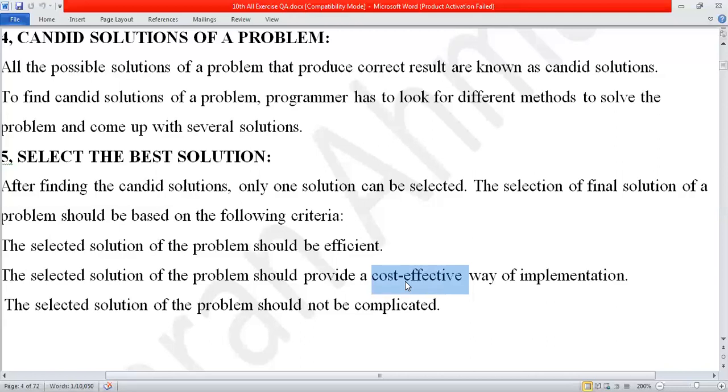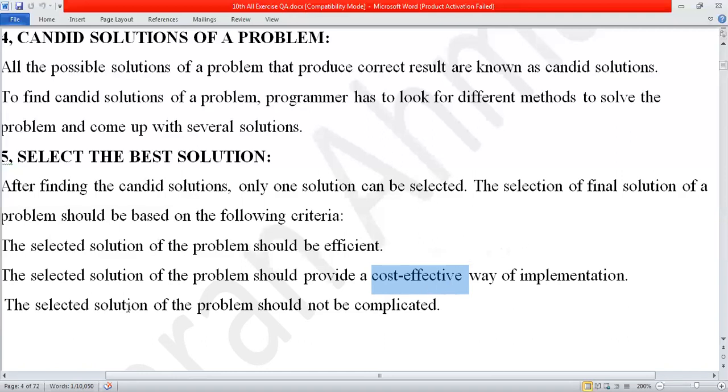One is your company where you're doing the job, and the other is the company whose project you are doing, the company for whom you are making the program. So this program should be effective for you, it will give you profit, and also for the company for whom you are making the computer program. So both will be happy and both will be getting the profit from that program.